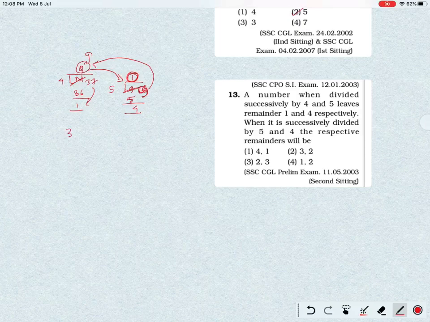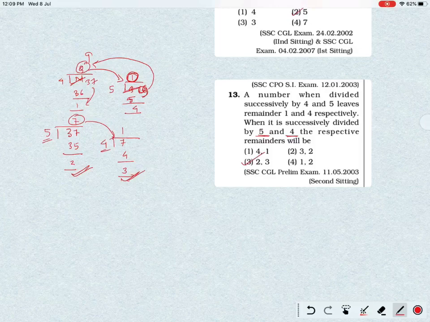So when 37 is divided by 5, we get 2 as remainder, and since it is asked to successively divide by 5 and 4, we divide 7 by 4 and get 3. So the successive remainders are 2 and 3 according to the question.